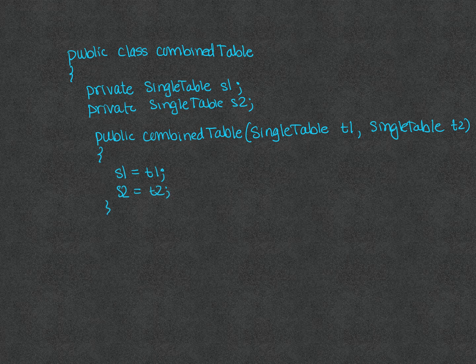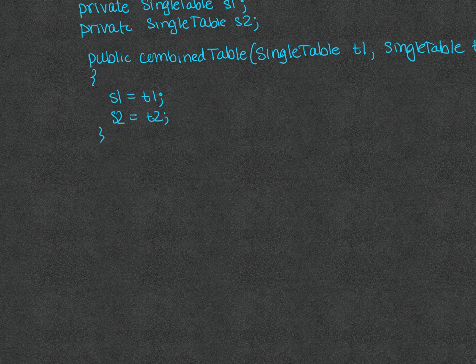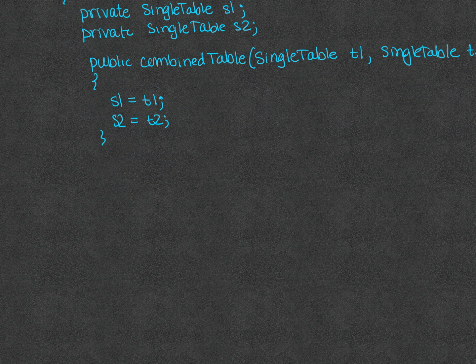So the next thing they wanted us to write was can seat. So going back over here, the method header would be public boolean can seat, and we're passing in the number we want to see if we can seat. So I'm going to find the number of seats. So I'm going to say int num.